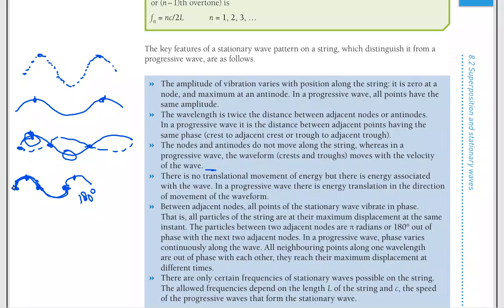The particles between two adjacent nodes are 180 degrees out of phase with the particles between the next two adjacent nodes. All the particles here have a phase difference of 180 degrees.